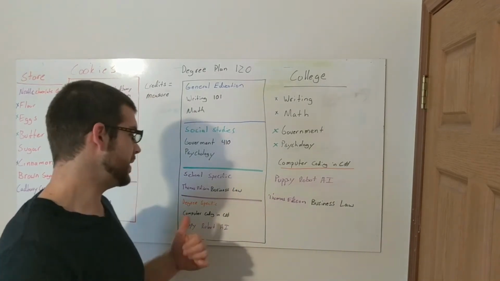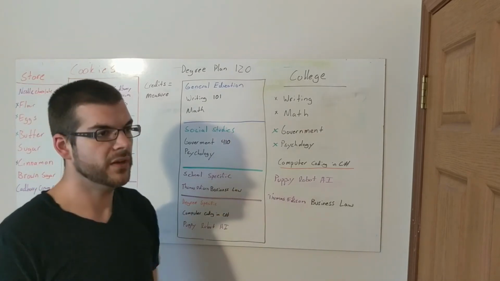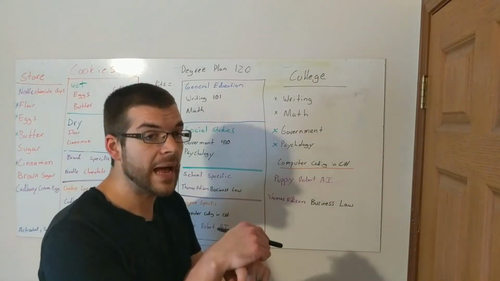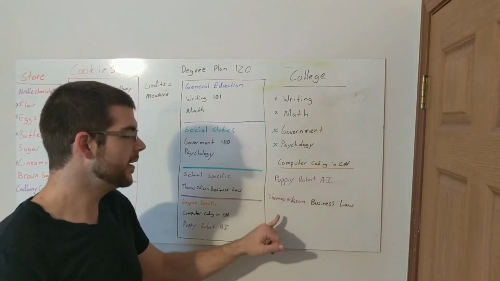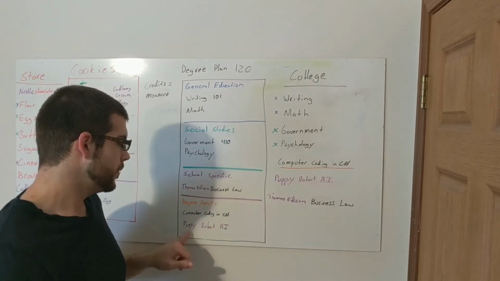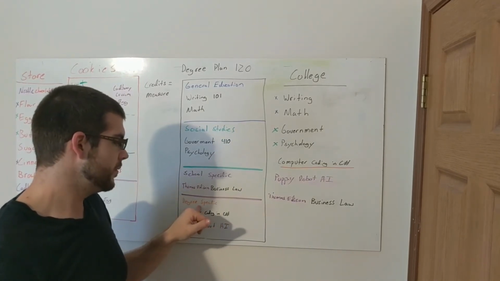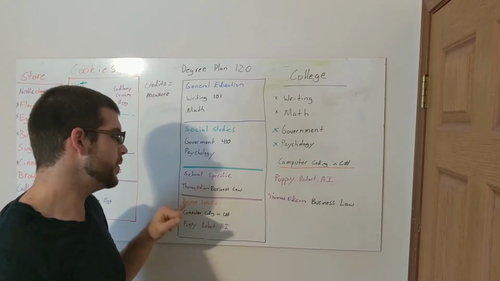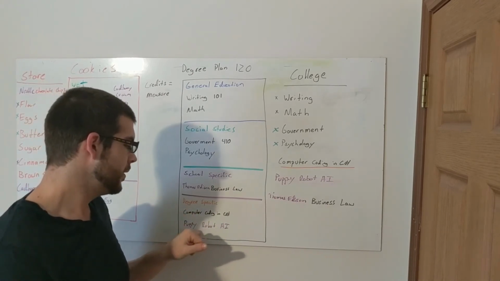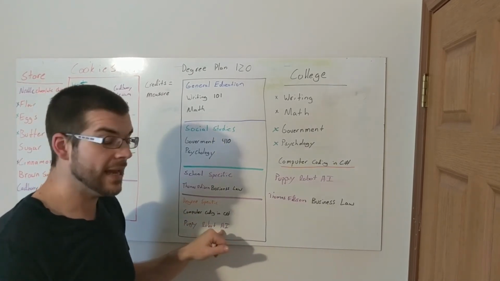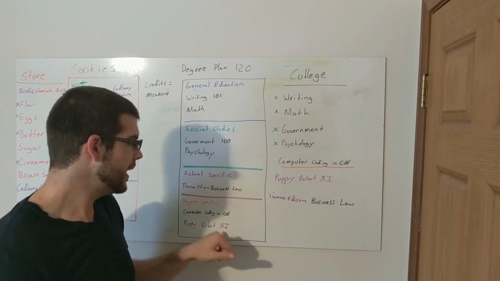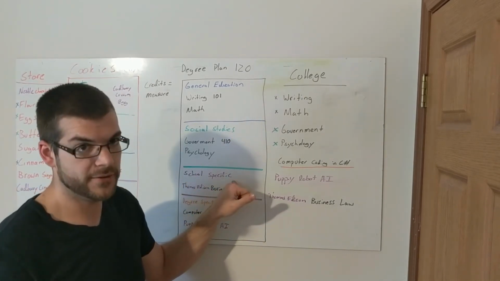Now, here's the last thing about degree-specific and school-specific. These things can sort of overlap, meaning that the degree might say that you have to take Puppy Robot AI, and only that school offers that.